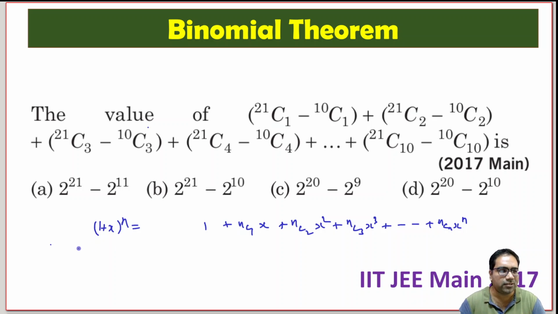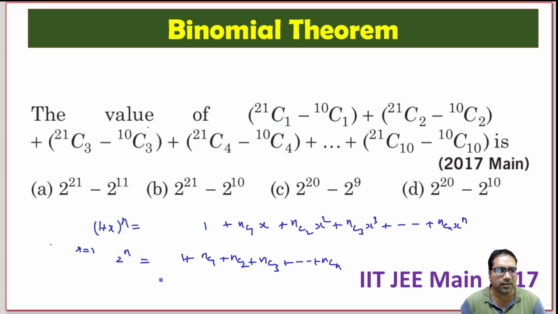Now, if you put x equals to 1, what will be the left hand side? Left hand side will be 1 plus 1, 2 power n, which should be equal to 1 plus, again, all x square, x cube, these all will become 1s. So 1 plus NC1 plus NC2 plus NC3 up to NCn.